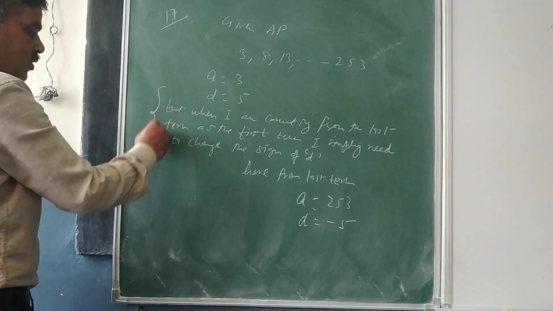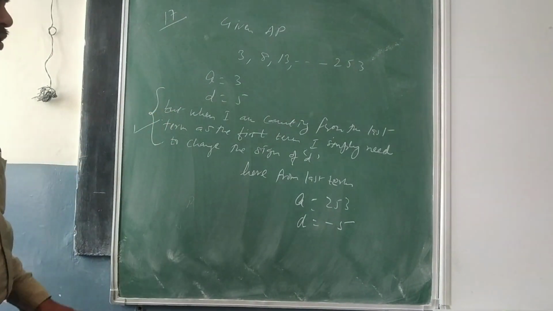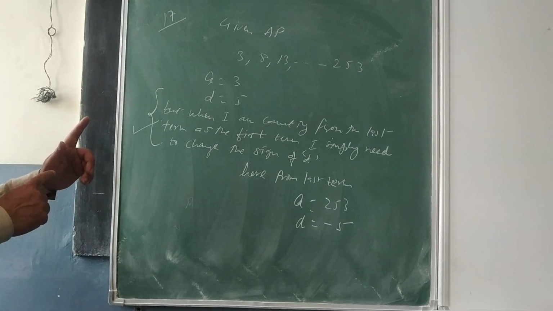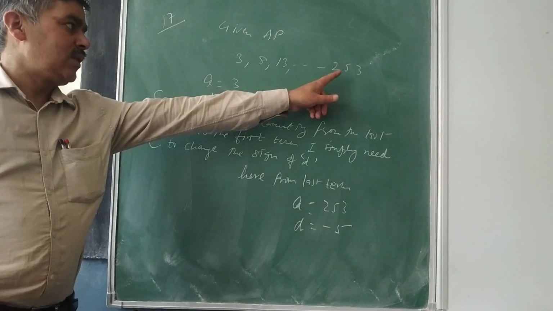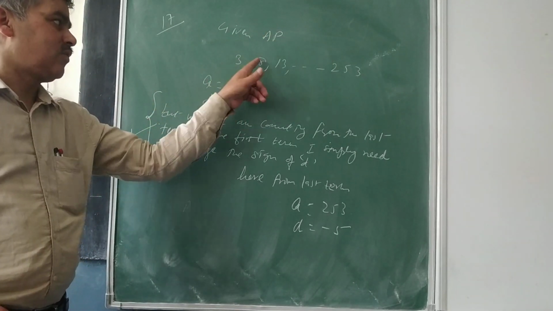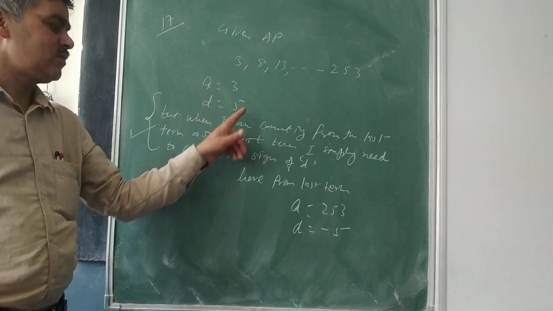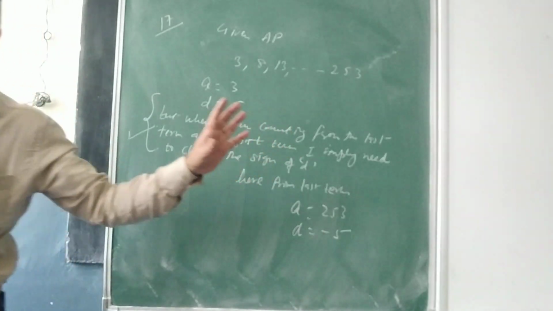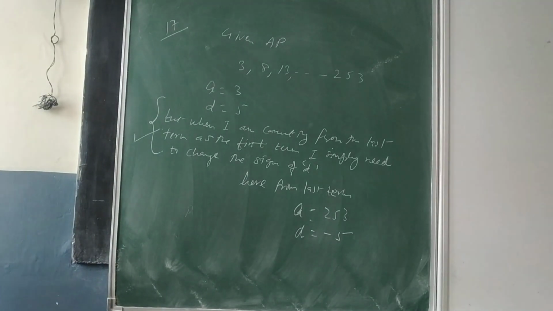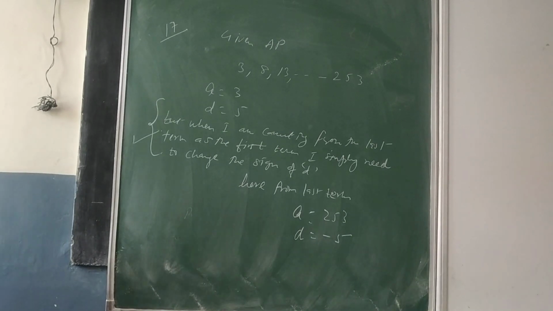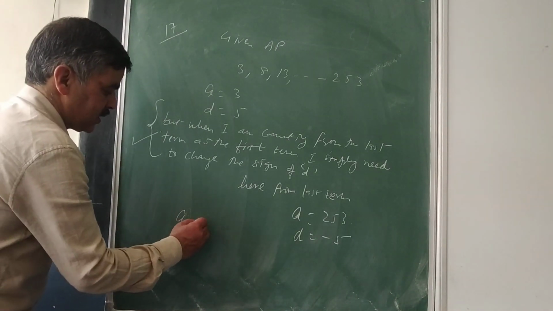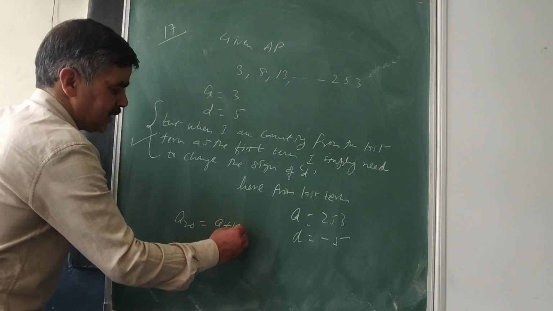So please make a note of this step I have mentioned to you. Whenever you are counting from last towards the first, A will be the last term and the common difference changes sign. If from the first it is 5, from the last it will be minus 5. Nothing else you have to do. Now you have to find the 20th term. So you know A20 is A plus 19D.